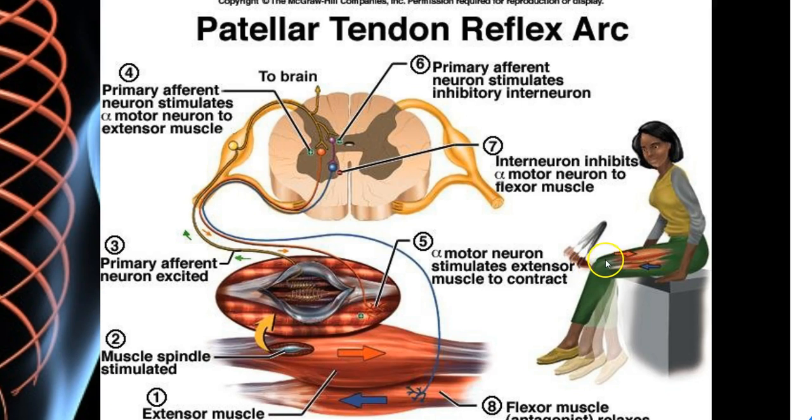The patellar tendon at the top here we know is attached to your rectus femoris, and the distal fibers of your rectus femoris are going to be stretched pretty quickly and violently. That's going to fire the muscle spindle, so we can see here the muscle spindle sends its sensory information up. We get a reflex interneuron response, spits it out through a motor neuron to the rectus femoris, which causes the rectus femoris to contract violently, and of course that kicks your knee up in the air.